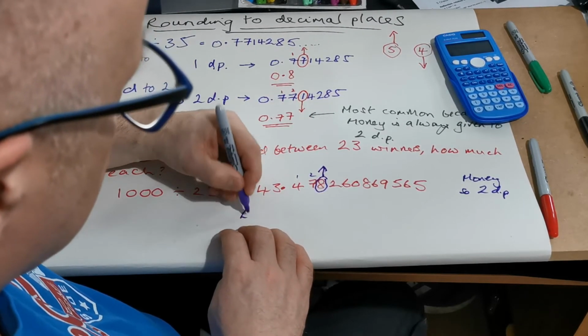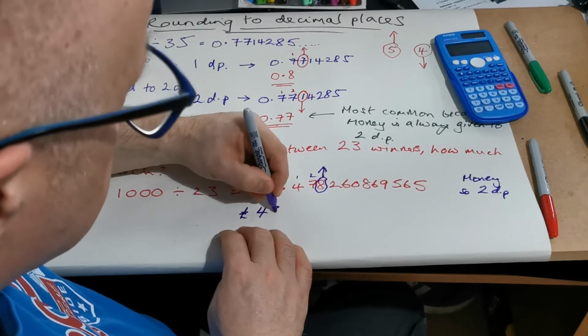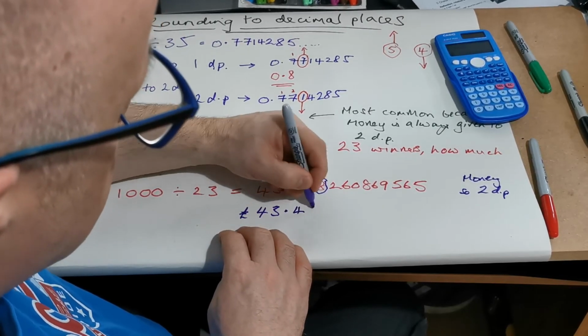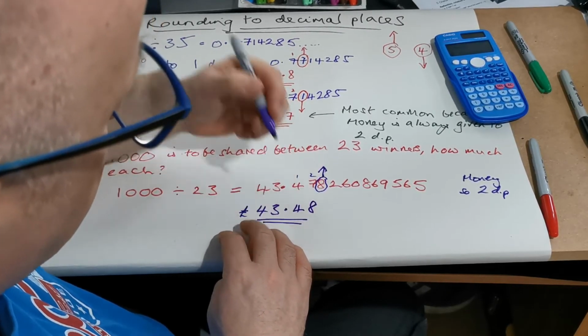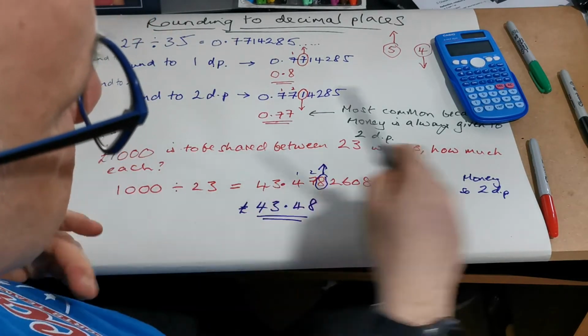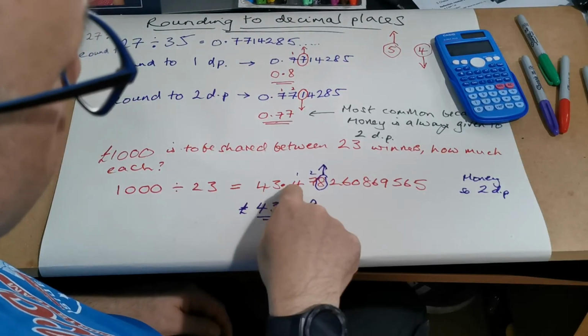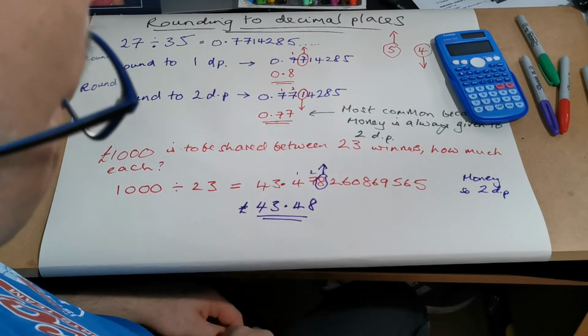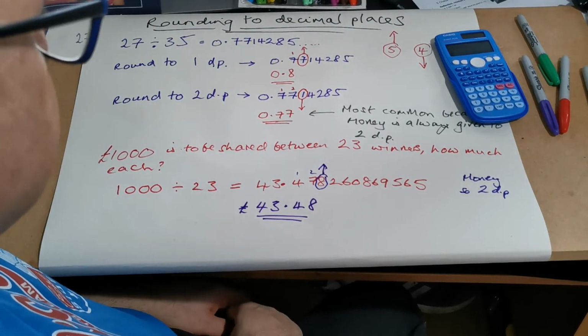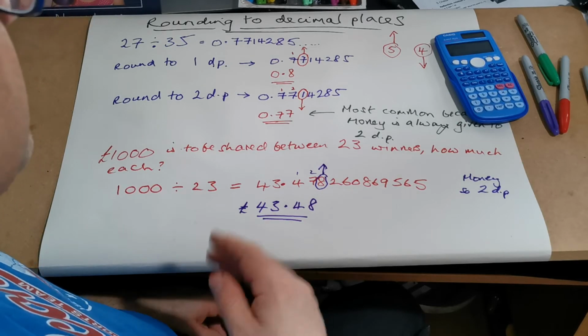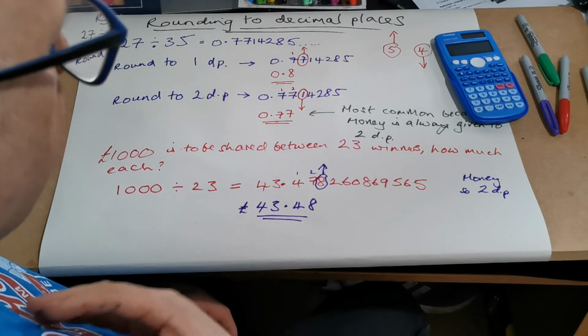So we get £43.48. That's the closest to what they'll actually get. Actually, if you were dividing it, you'd have to give them 47 because there wouldn't be enough money to give them 48.